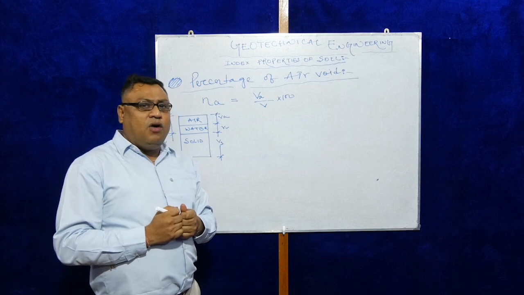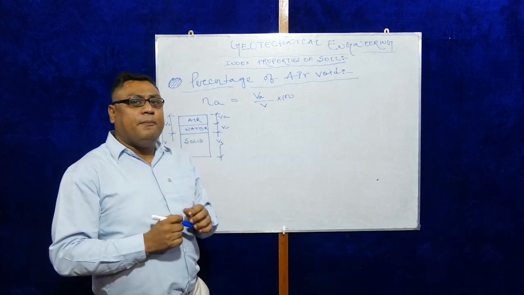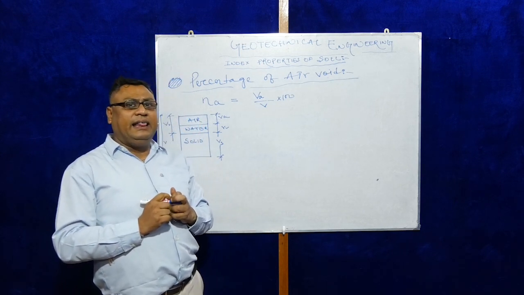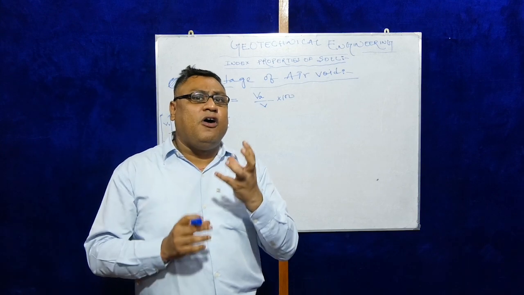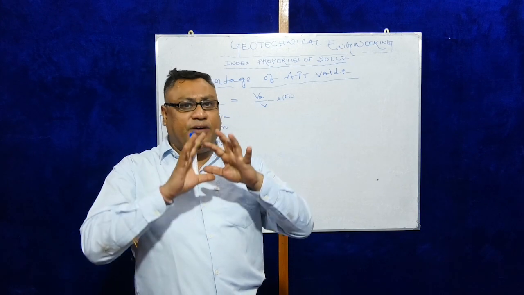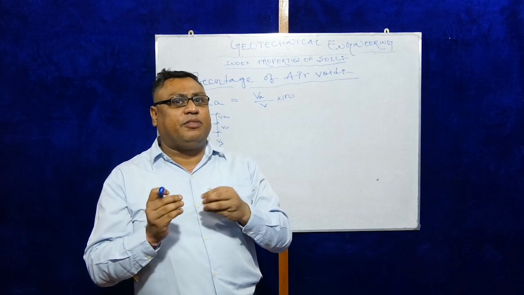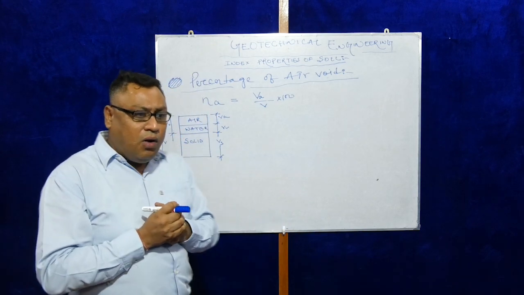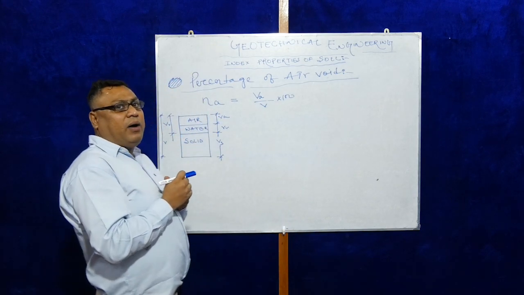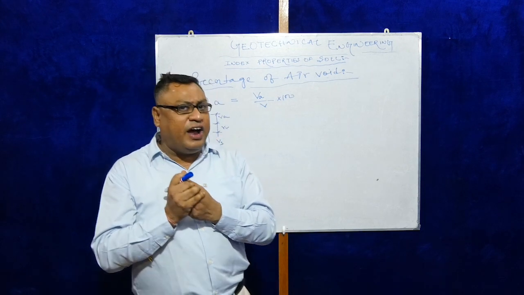Percentage of air voids. What is percentage of air voids? Percentage of air void is the presence of air in a given soil sample expressed as percentage. Now, how can we define percentage of air voids?